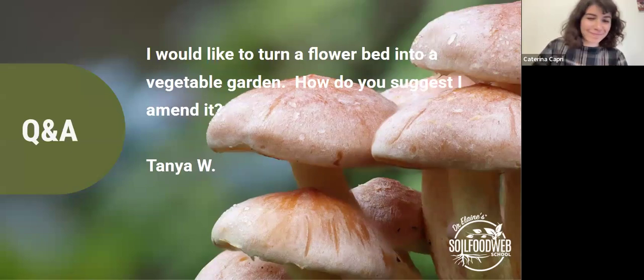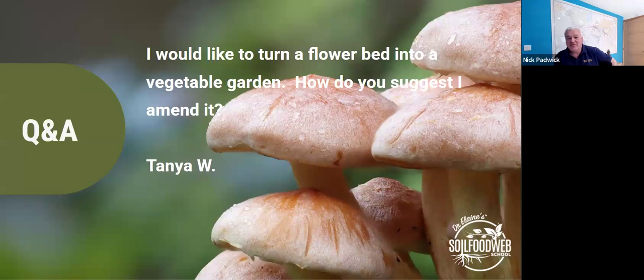Yeah, and I think you've hit on a few things, Katrina, that I would like to hit on. Whenever anyone asks me something like this, I always think of that successional stage of soils and what plants I want to grow, and where they fit into that successional stage. And, as Katrina rightly said, where's your soil at the moment? Because you might have too much fungi in there, you might not have enough, depending on the type of vegetables that you want to grow.